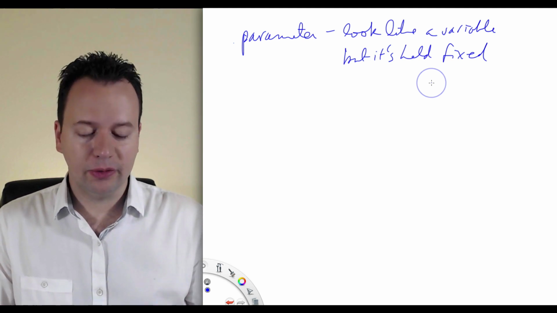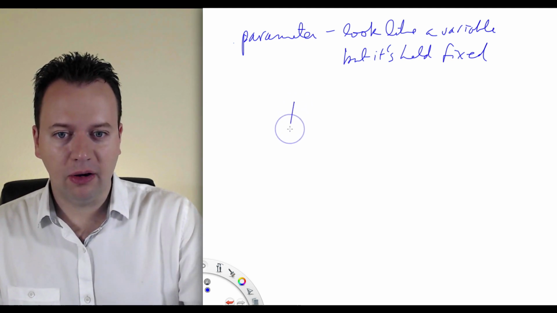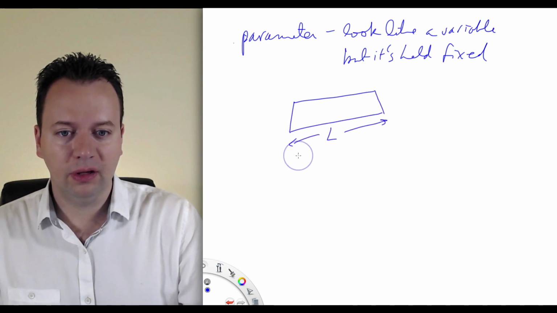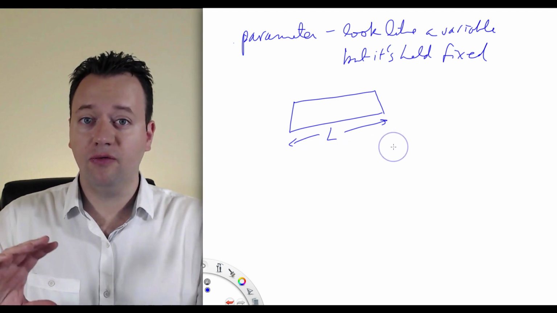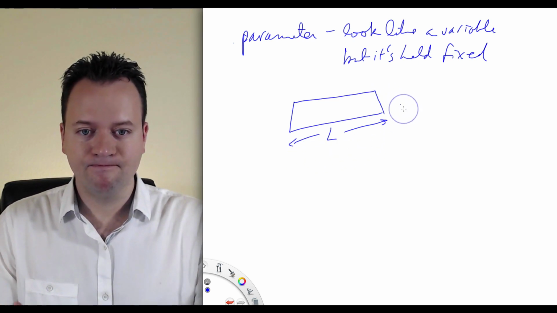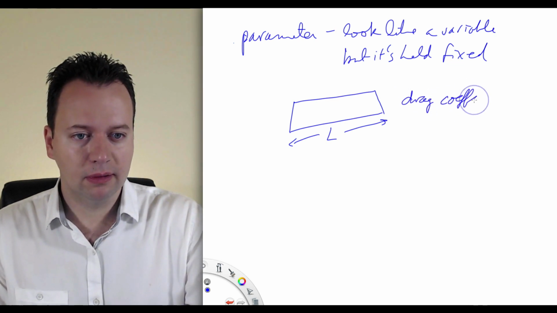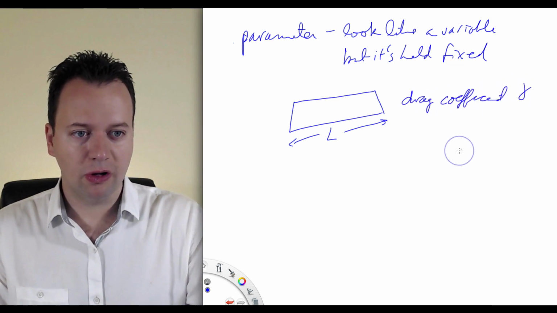So for example, suppose you're analyzing airplane wings. You have wings that have a bunch of different lengths. There might be some other physical parameters, like a drag coefficient, which is called gamma.